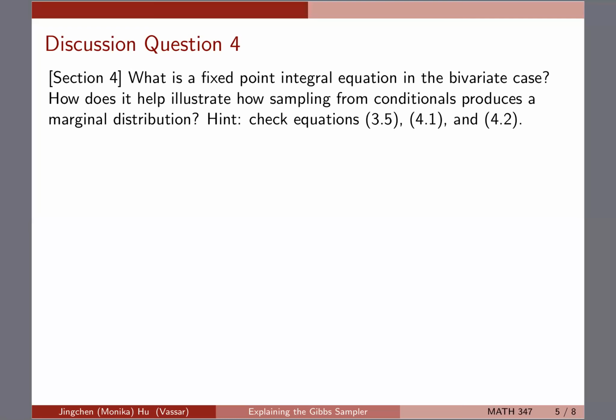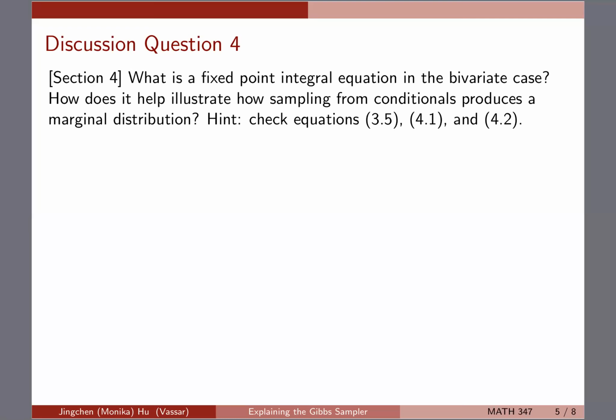So when they move to 4.2, they show that this h of x of t is like, they're showing that the draws of x from k to k minus 1 are approaching that h of x of t, and that's when k goes up to infinity.